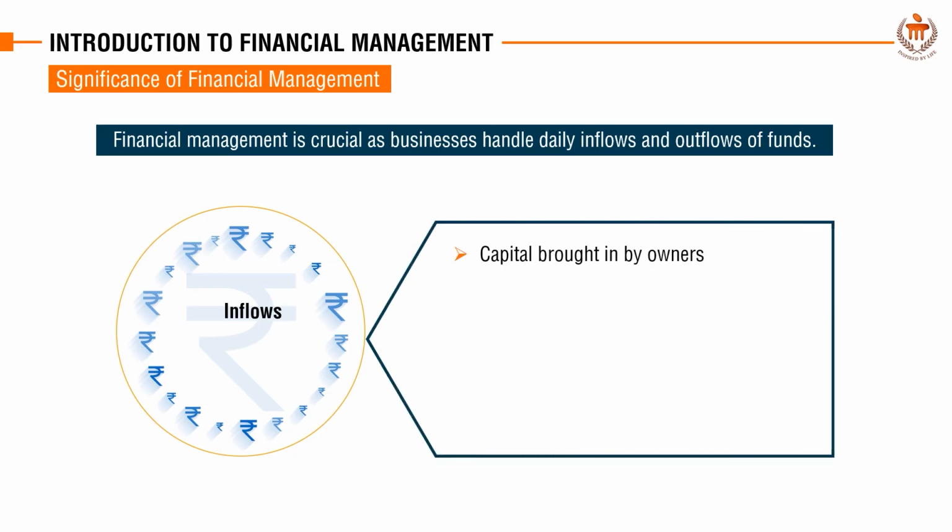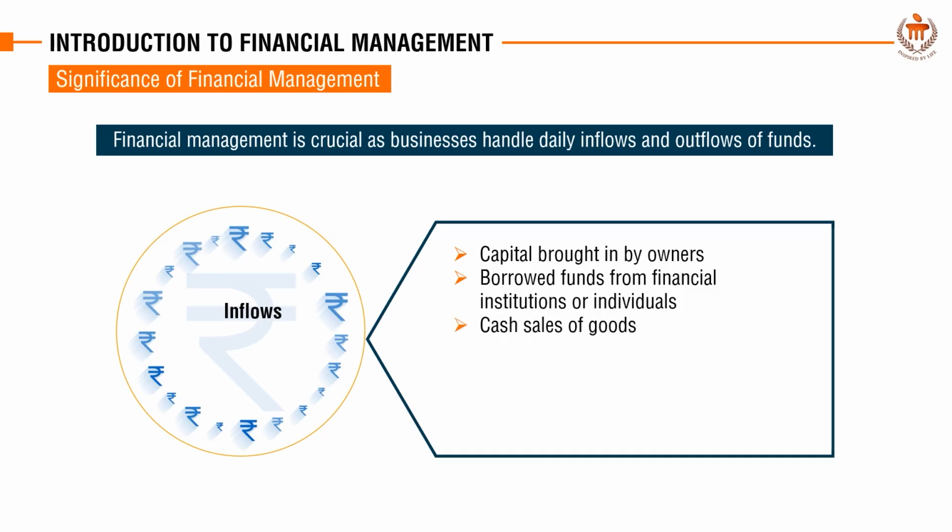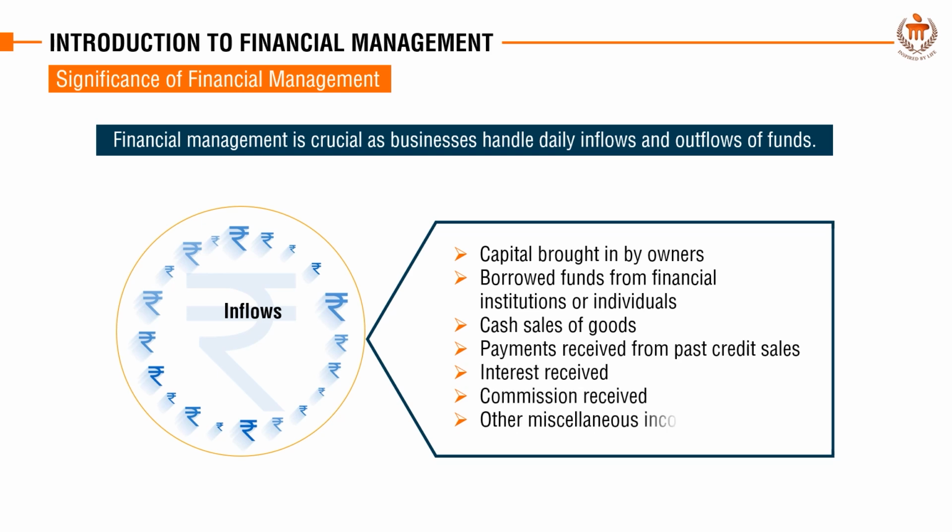Whenever the capital is brought in by the owners, whenever the organization borrows money from financial institutions or individuals, when the goods are sold for cash, or when the money is collected from customers to whom goods were sold on credit in the past. Other inflows like interest received, commission received, and so on and so forth. These are all money flowing into the organization.